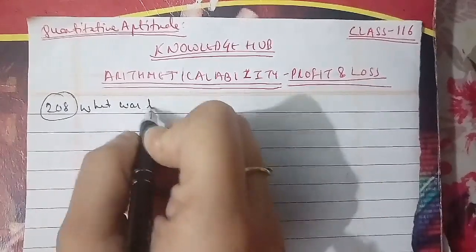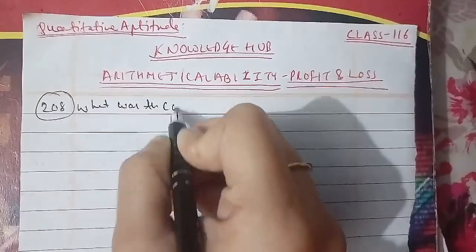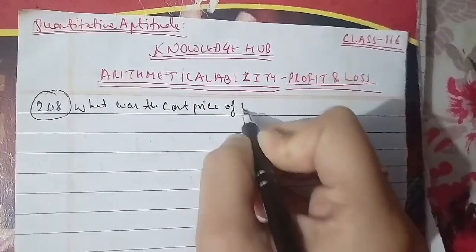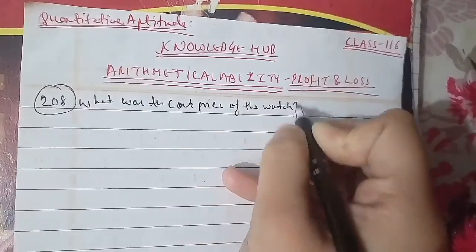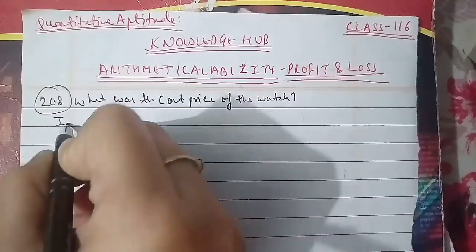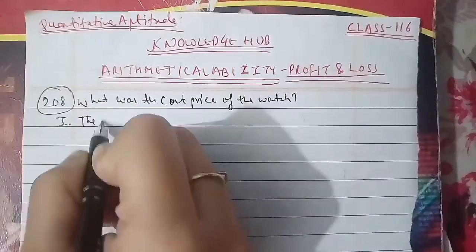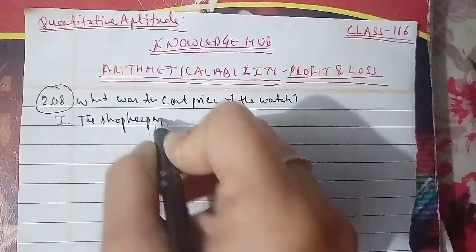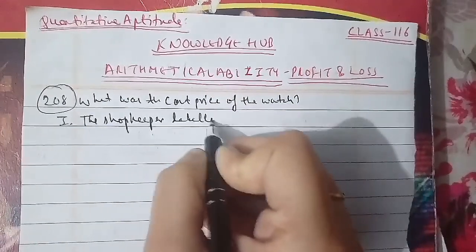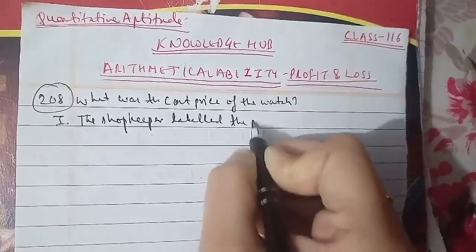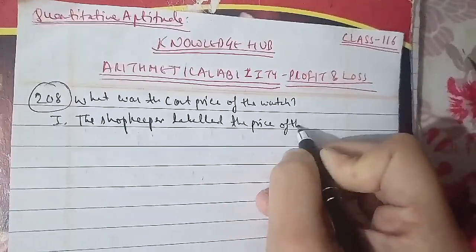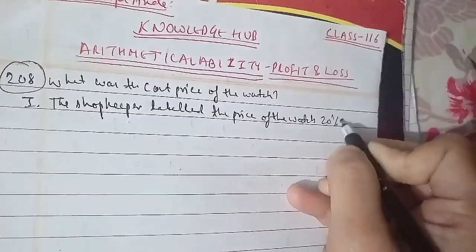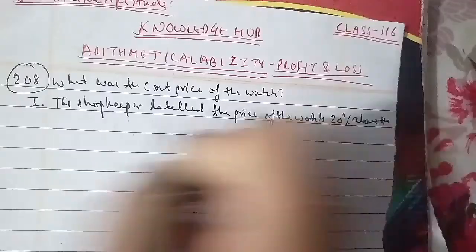What was the cost price of the watch? The first statement: the shopkeeper labeled the price of the watch 20% above the cost price.